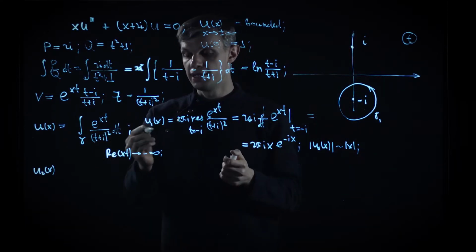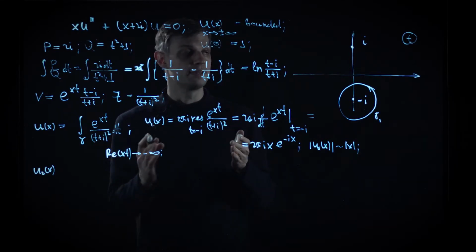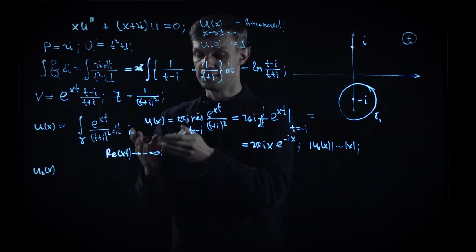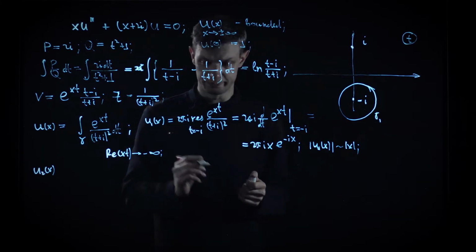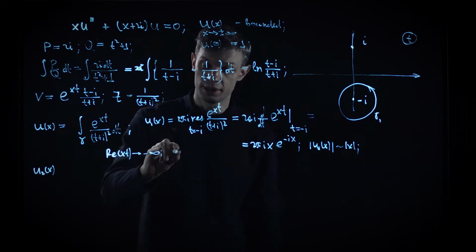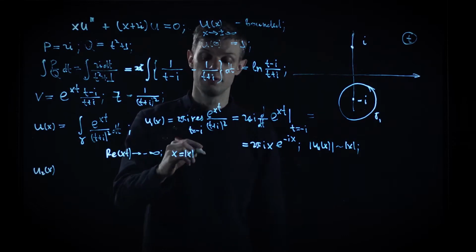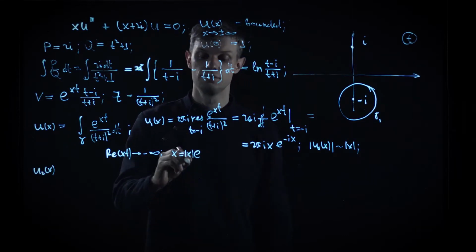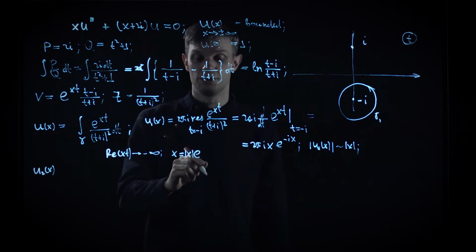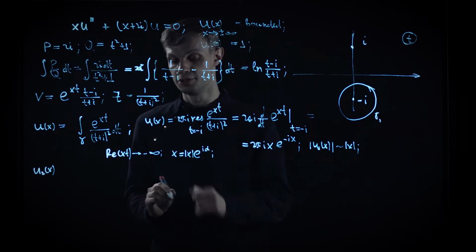And we just need to analyze how this real part behaves at different arguments of the x and t complex numbers. Well, suppose x is an arbitrary complex number, and we decompose it into the exponential form: modulus of x times e to i alpha, where alpha is the argument of x.